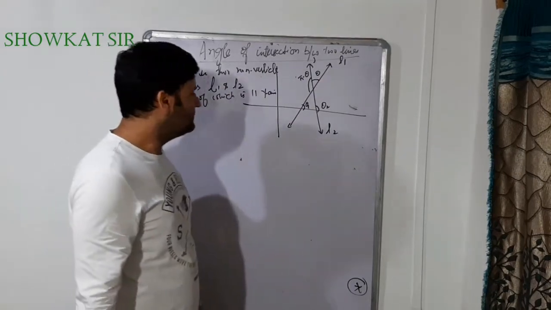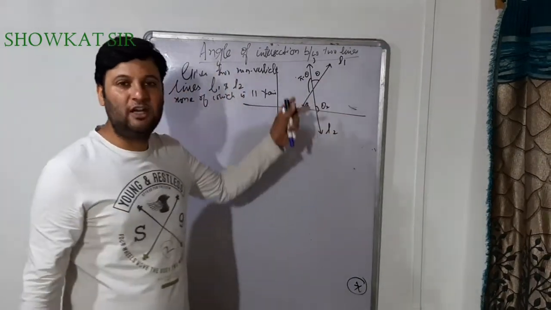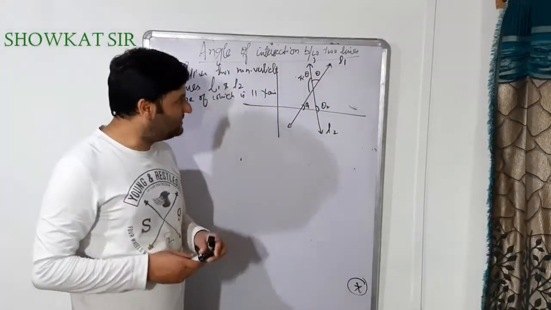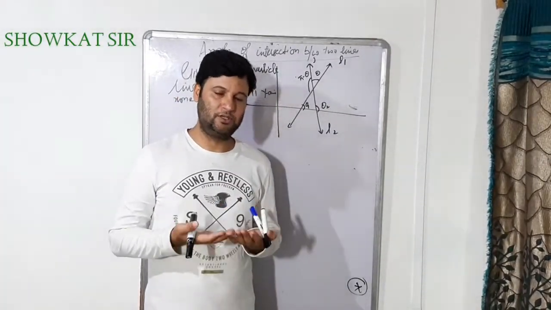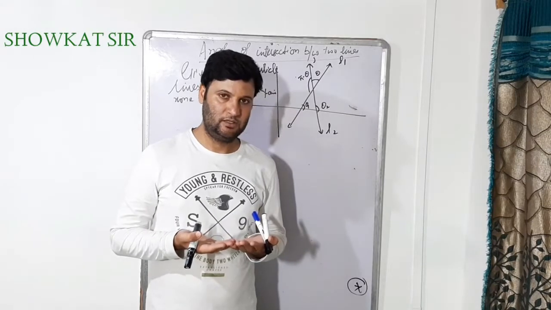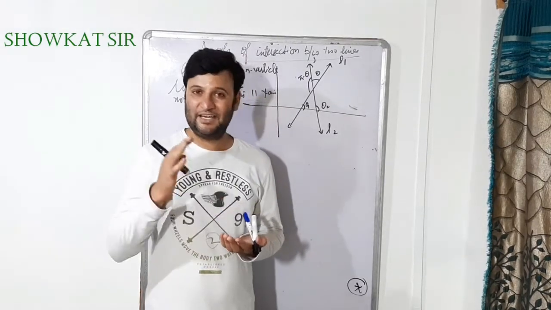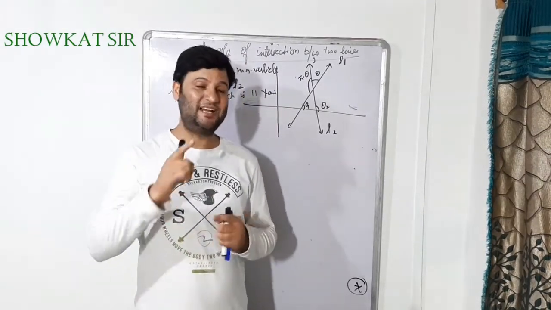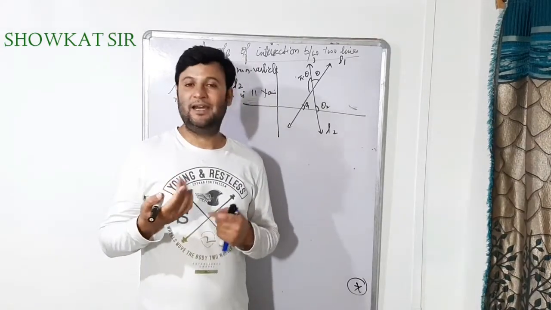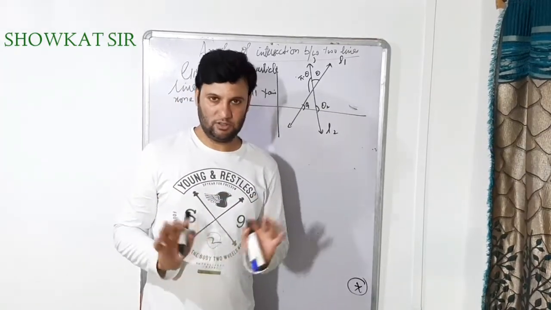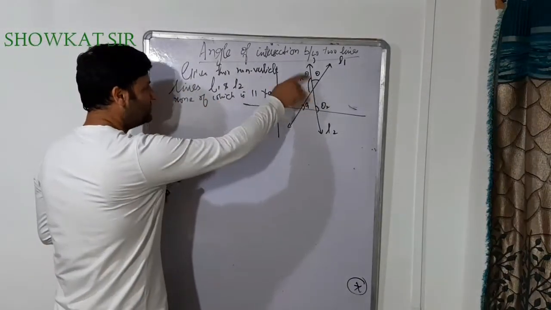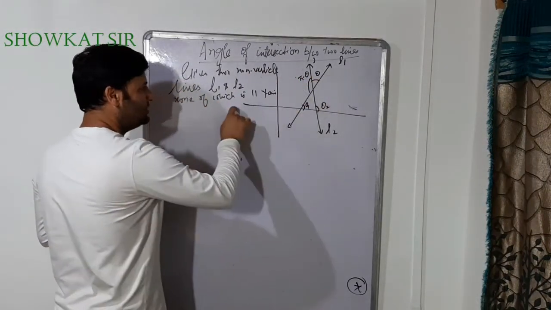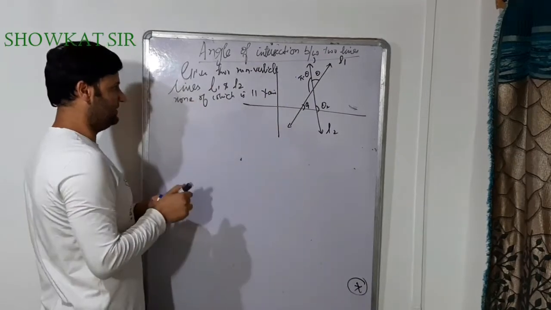These two lines are not parallel to the y-axis, because if any of them is parallel to the y-axis, then its slope is not defined. We already know that a line parallel to the y-axis is perpendicular to the x-axis, and then the slope of that line is not defined. So these are two non-vertical lines, and none of them is parallel to the y-axis.